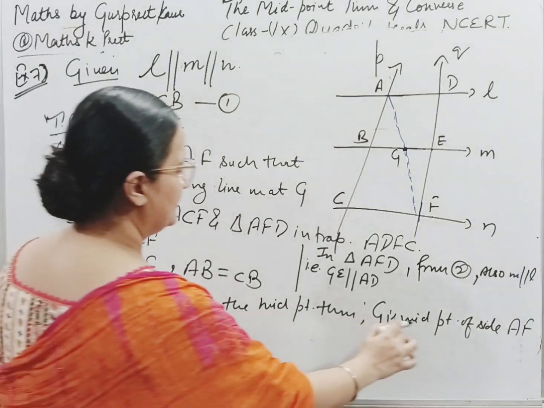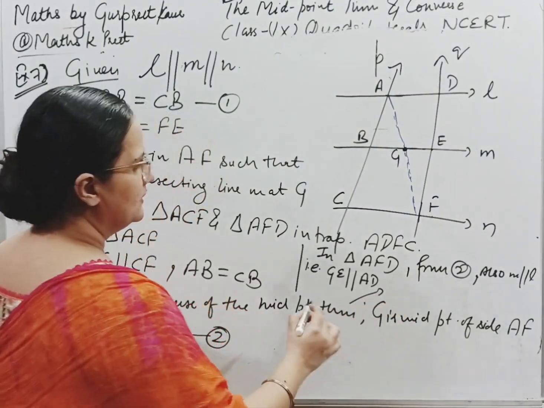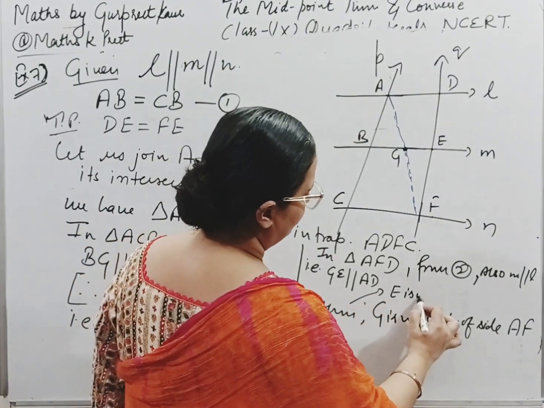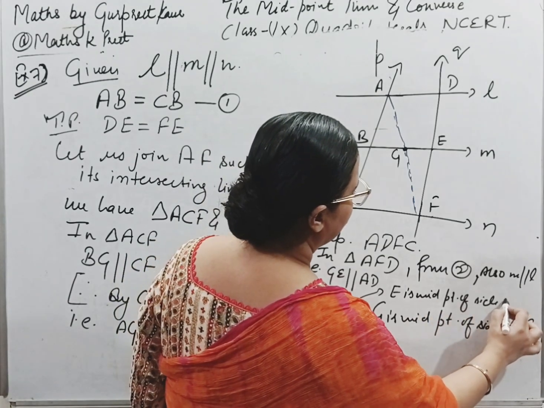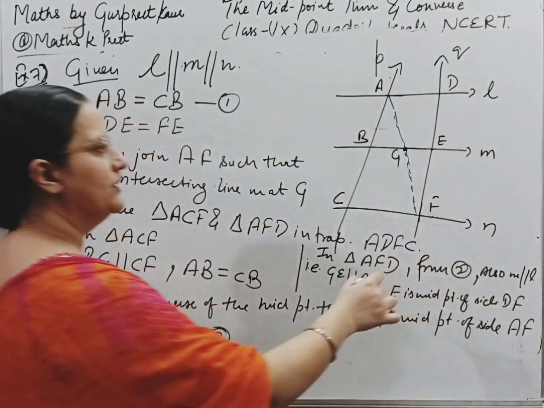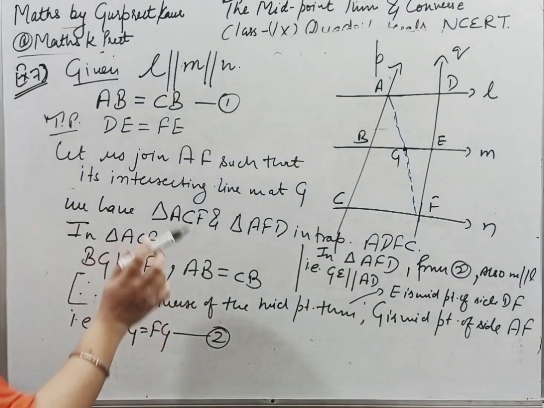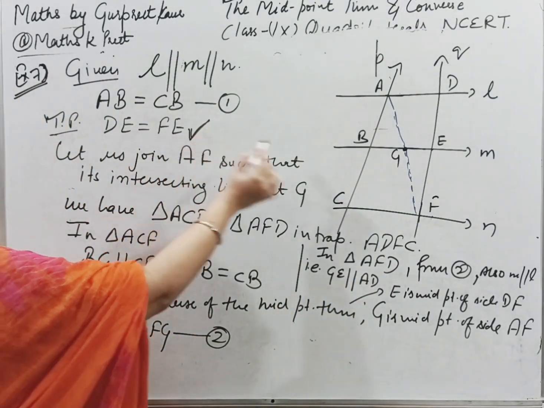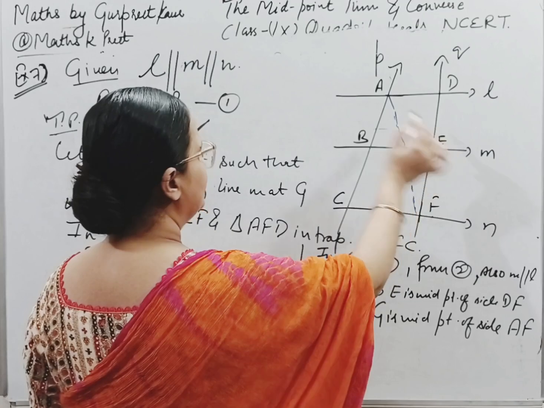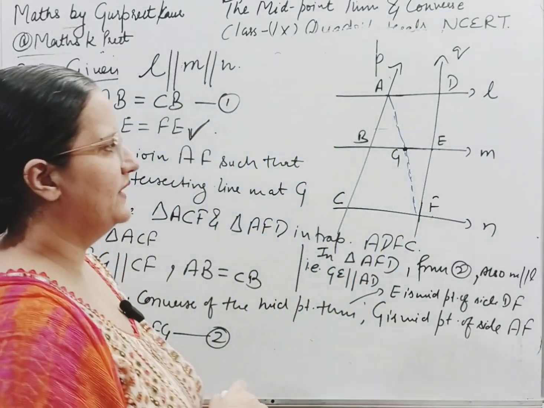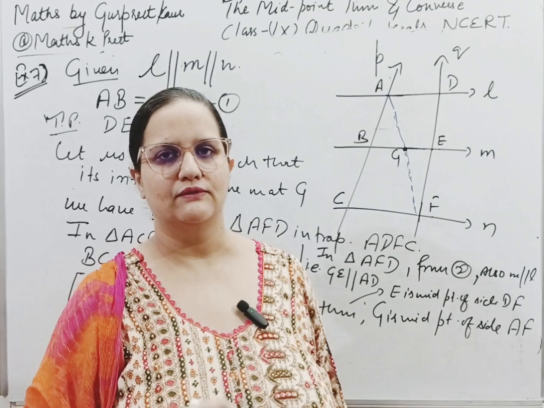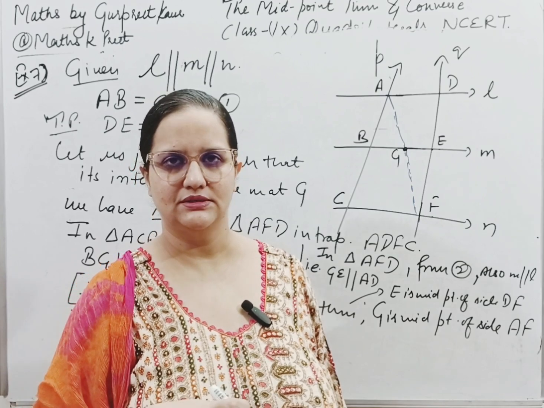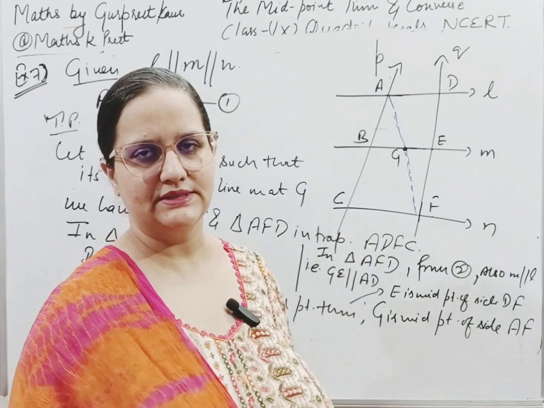Therefore by converse of the midpoint theorem, what will we have? We will have E is midpoint of side DF. So when E is midpoint of side DF, we will reach the result that DE is equal to FE. This was the thing that we had to prove, and we have proved this by using the result of the converse of the midpoint theorem. Very easy question it was. So this was the proof for example number 7.